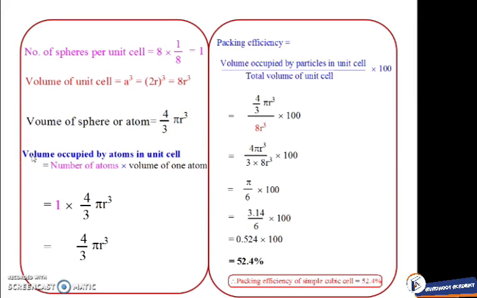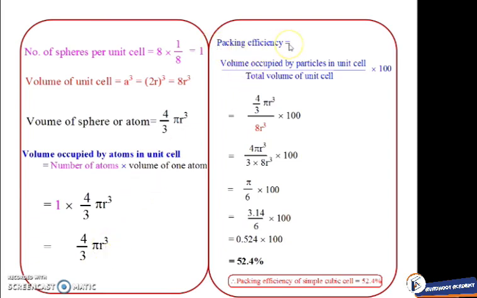Now how to calculate the volume occupied by atoms in the unit cell? This is equal to the number of atoms present in unit cell into the volume of one atom. The volume of one atom is fixed, that is 4 by 3 pi r cube, and the number of atoms present in the unit cell is equal to 1. So this is equal to 1 into 4 by 3 pi r cube, that is equal to 4 by 3 pi r cube. So this much volume is occupied by the atom present in the simple cubic cell.